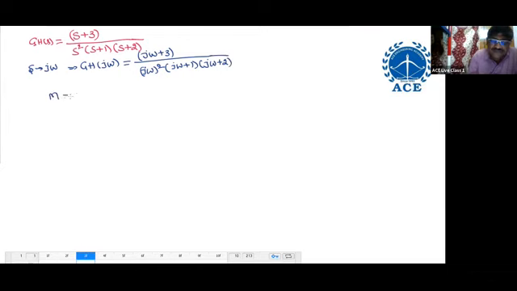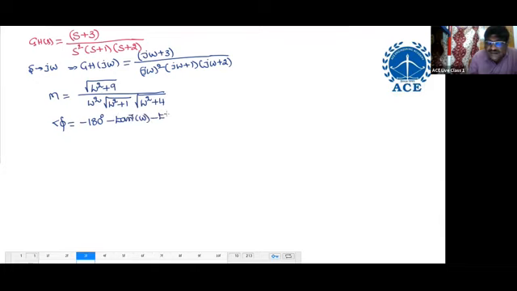Then magnitude: root of omega square plus 9 by omega square, root of omega square plus 1, root of omega square plus 4. Phase angle: minus 180 minus tan inverse omega minus tan inverse omega by 2 plus tan inverse omega by 3.